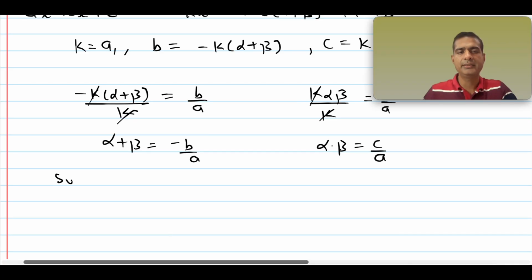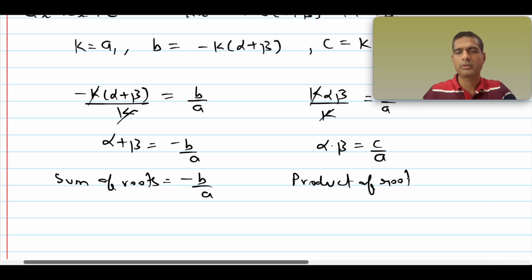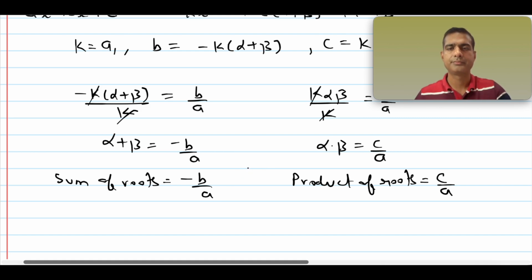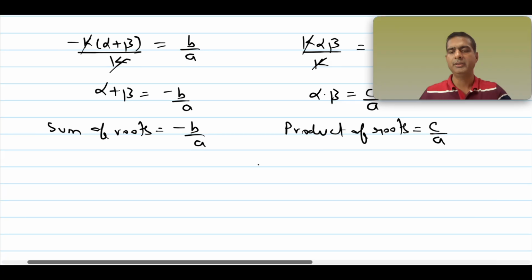So we can say this is sum of roots, given by minus b by a, and alpha into beta, that is product of the roots. Product of roots will be given by c by a, that is constant term divided by the coefficient of x square. So I hope this would be clear.